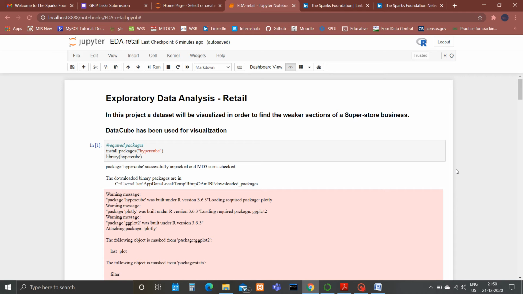The dataset is about a store, and there are some sales values and some profits and losses, and we have to visualize in which sections we can improve so that we can overcome those losses.